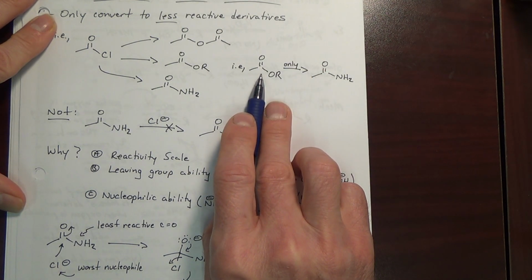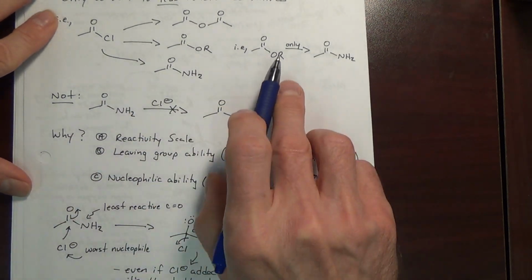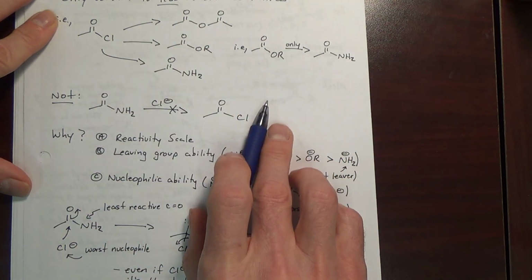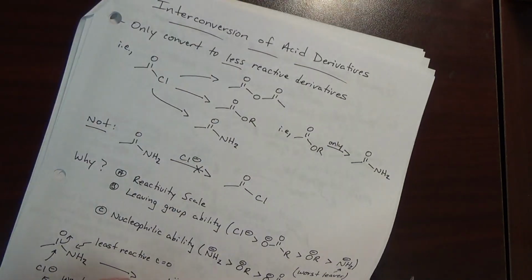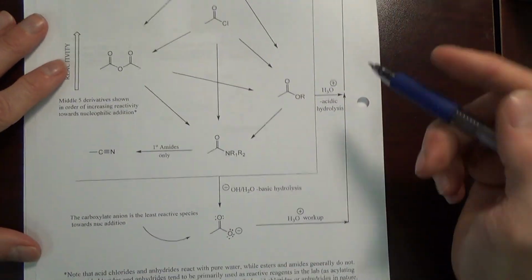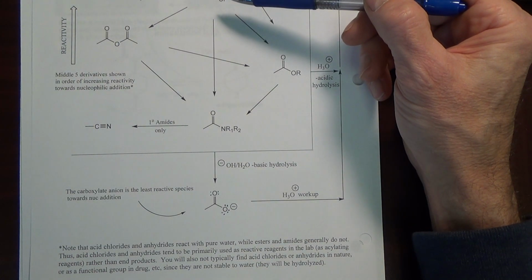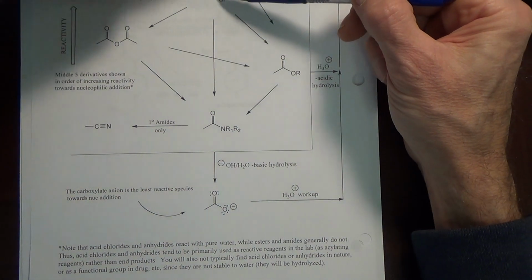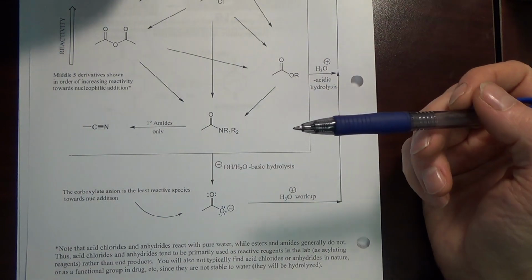Now I'm talking directly. We can convert any to another one indirectly if we go back to the carboxylic acid. Now this is shown here. The acid chloride can be converted to the anhydride, ester, or amide.